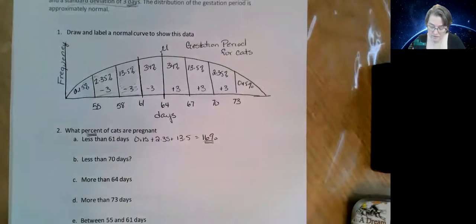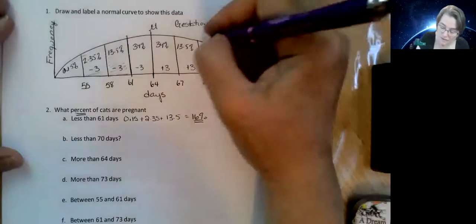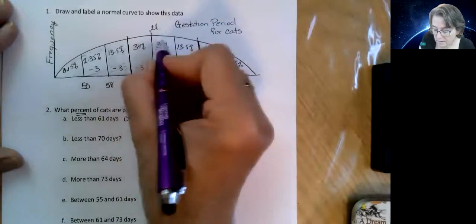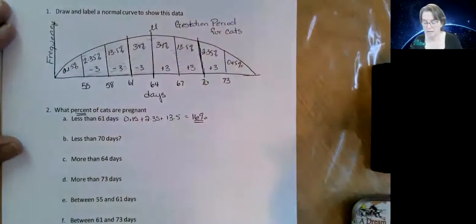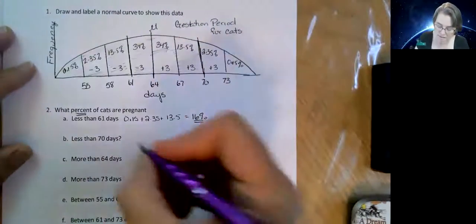All right, now it says less than 70 days. All right, 70 is way over here. So you know what? I'm just going to color some more. I want this part and this part. All right, so all of that, starting from here and going less than that.